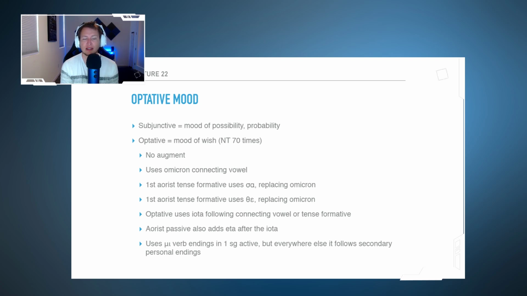So it uses the mi verb endings in the first person singular active. So that would be mi. Everywhere else, it follows secondary personal endings. So just be aware of it. You don't need to go out and memorize these. You don't need to practice conjugating optative.